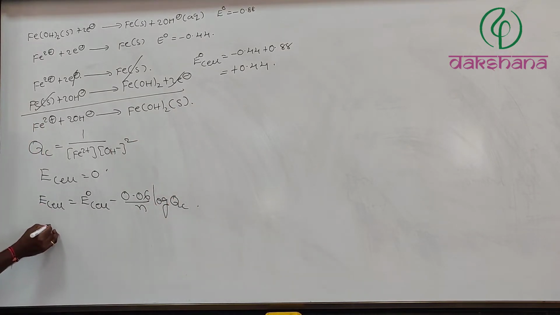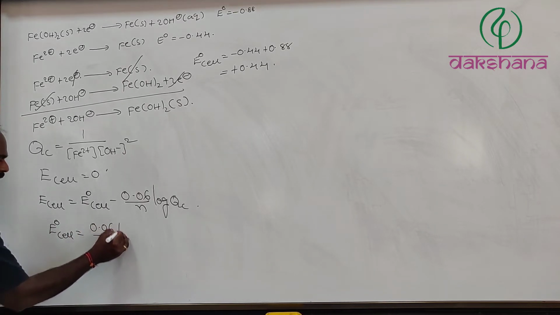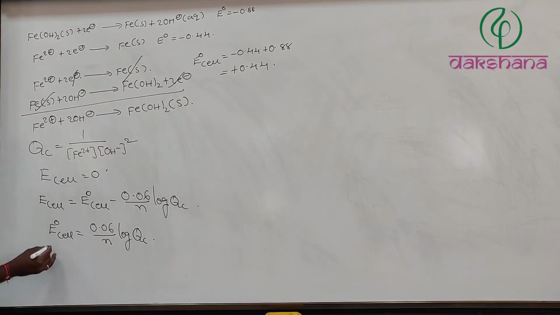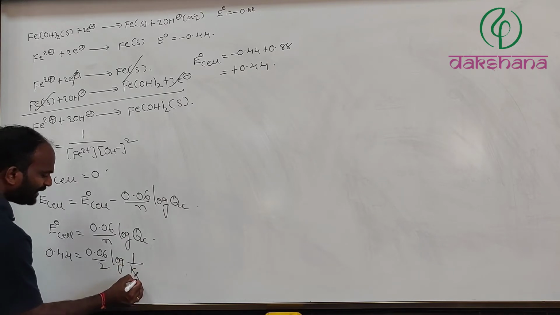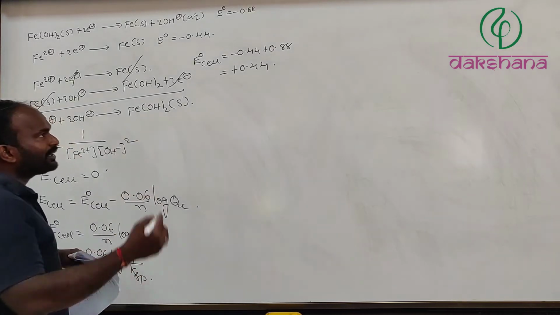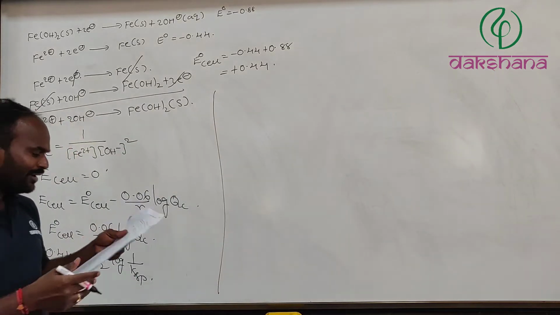Now, E cell is anyway 0, therefore E0 cell is equal to 0.06 divided by n log QC. Now the E0 cell value is 0.44, that is equal to 0.06 divided by 2 log 1 divided by Ksp. Therefore, if you calculate that value numerically, you will get the absolute answer that you have in your options.